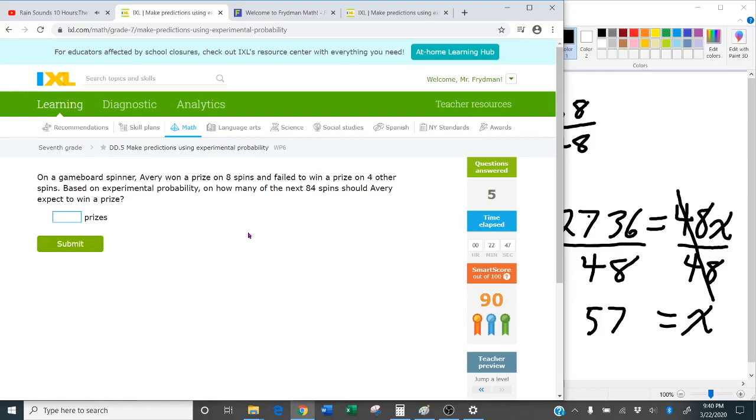Based on experimental probability, which means we're determining the probability based on our observations. So we observe Avery winning a prize 8 times and not winning a prize 4 other times. On how many of the next 84 spins should Avery expect to win a prize?